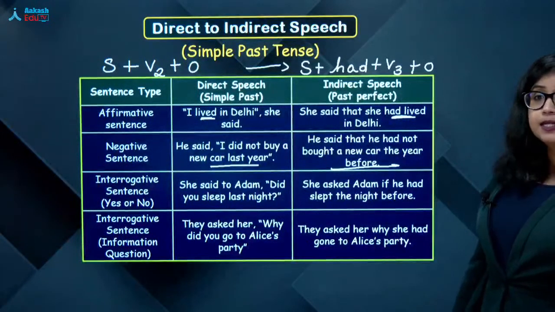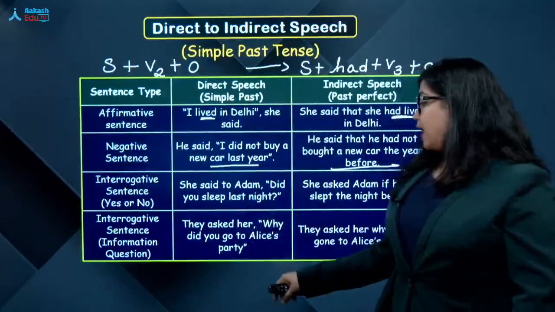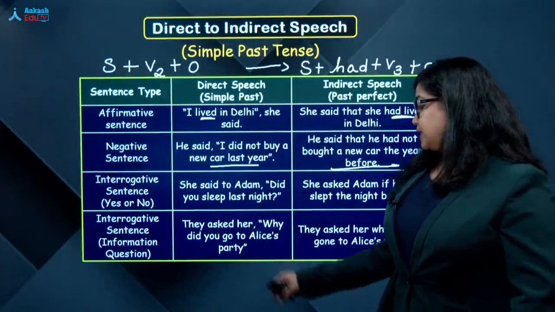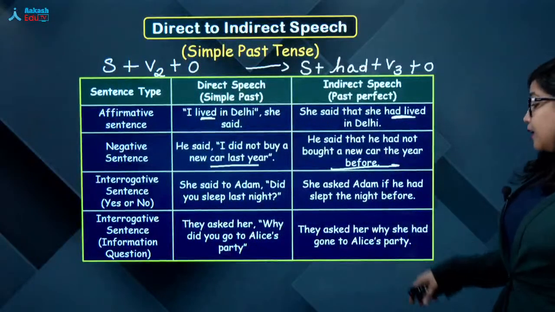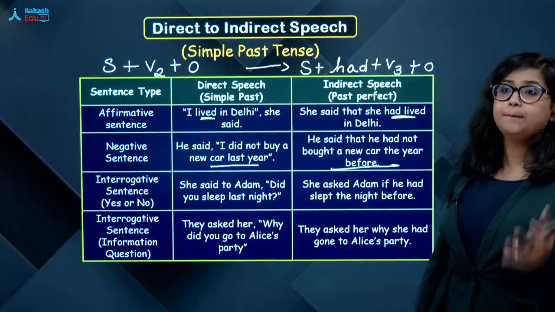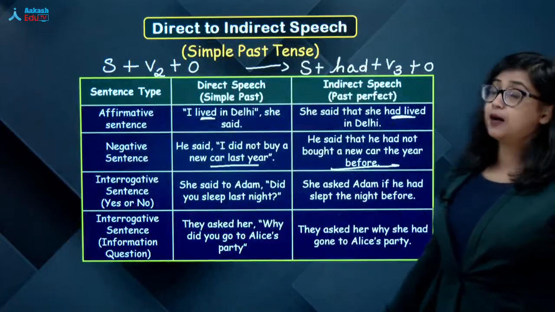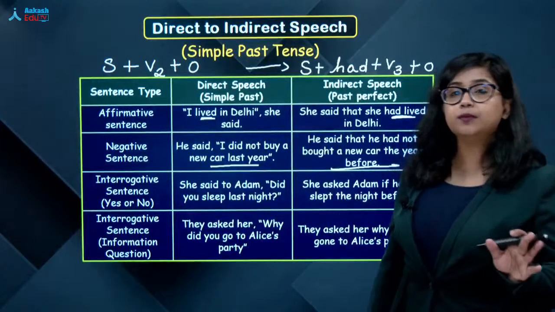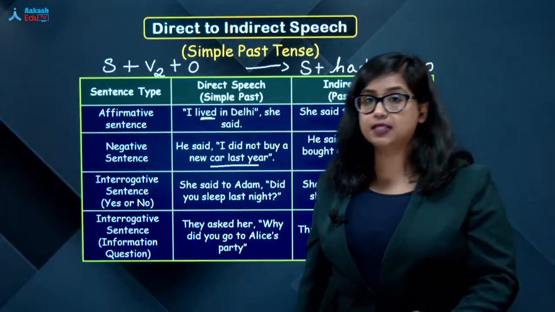Similarly, your information question, they asked her, why did you go to Alice's party, will now change to, they asked her why she had gone to Alice's party. So this is how we change our simple past tense. Once again, please remember, simple past changes to your past perfect tense.